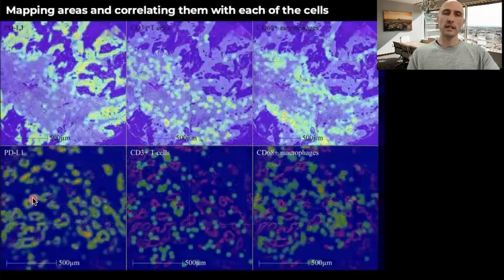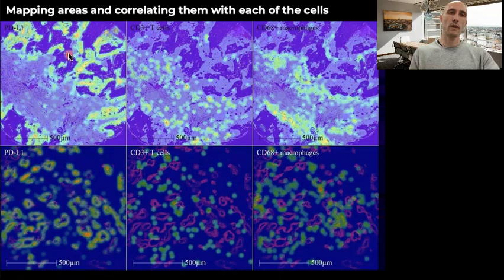And again, this is endless. You can create the models you like. What we did was to create models with heat maps where the software recognized where the PD-L1 positive cells are. These are two different patients, patient 1 and patient 2. You can see the heat map is completely different based on the location of tumor markers and the location of the T cells and the CD68 positive cells.